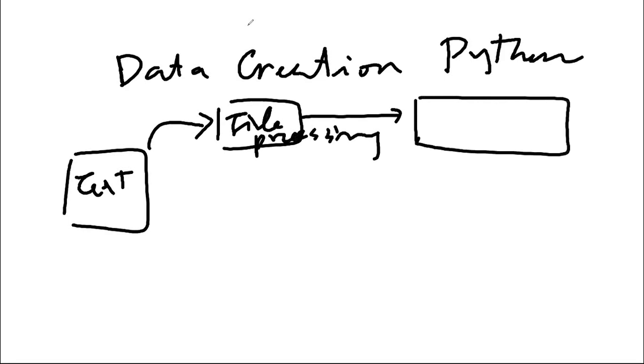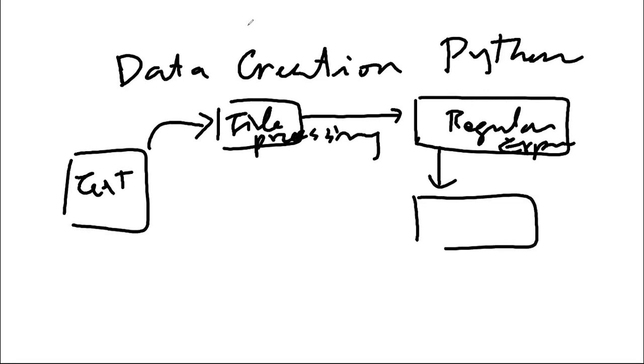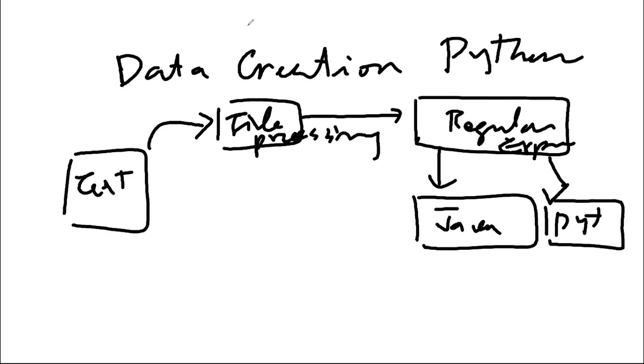Then next, we talked about regular expressions to process the data to read into objects. Last time we talked about using Java to process it, and this time we are going to talk about using Python to create processing for objects, also for dictionaries.